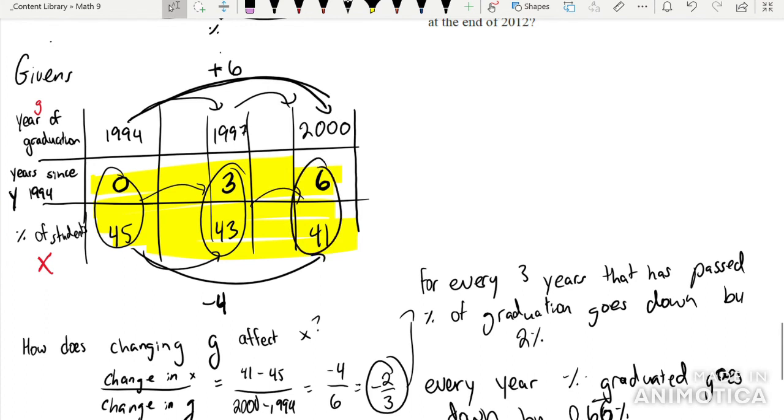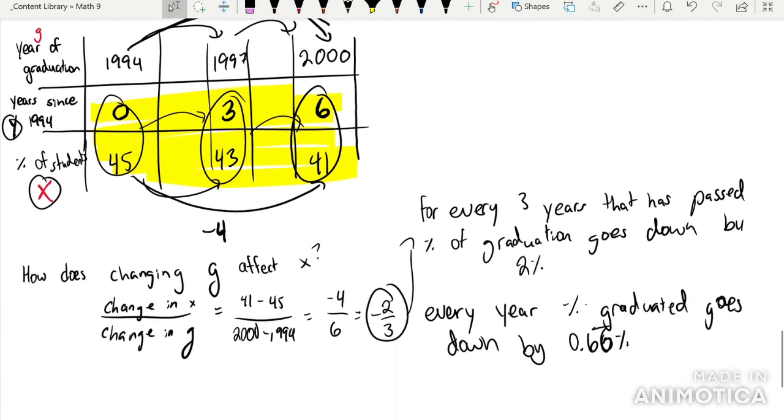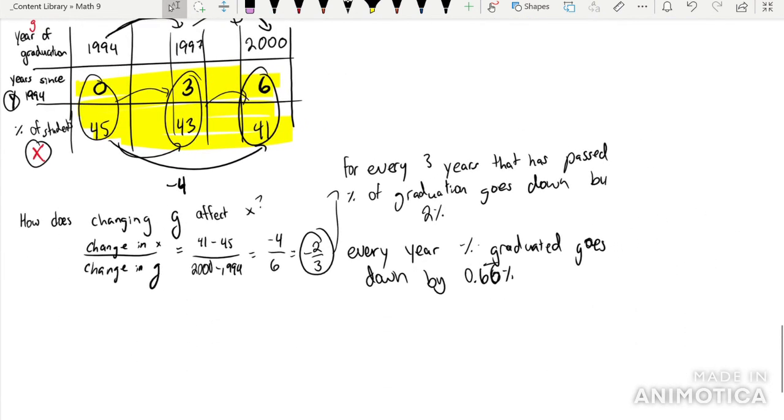So I'm actually going to use my x and my y to make a relationship. So from here, it looks very similar. I have this, and notice how it hasn't changed. I'm still changing by 3 years. I'm going up by 3 for one, and I'm going down by 2 for the other. So I'm not changing anything by doing this.